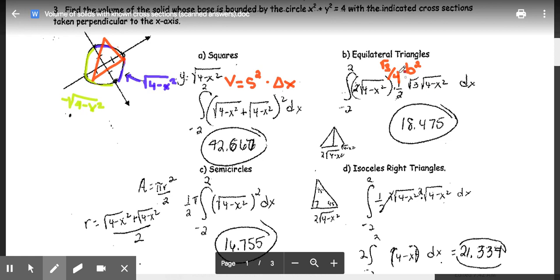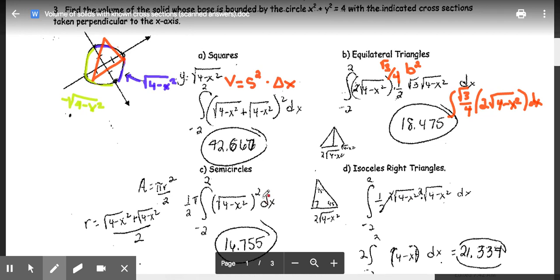So root 3 over 4 times the base squared. The base is top curve minus bottom curve, which ends up being 2 root 4 minus x squared, times dx. And you put that inside the integral.